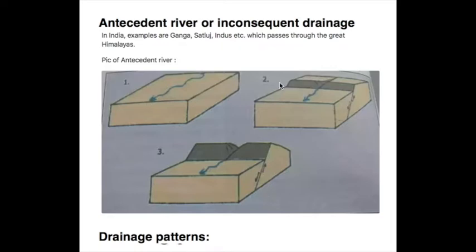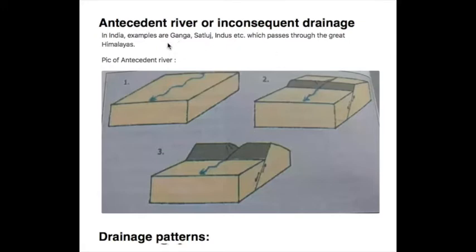In the second diagram, once there are some geological imbalances in the area, like the Himalayas coming out, the river started cutting down and even changed some paths. So that is antecedent or inconsequent drainage.